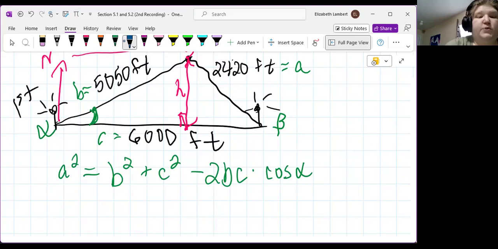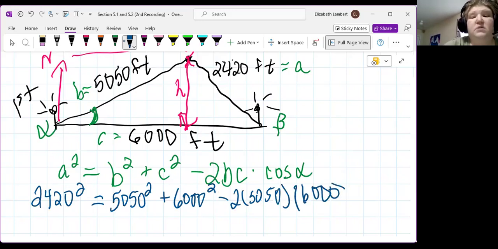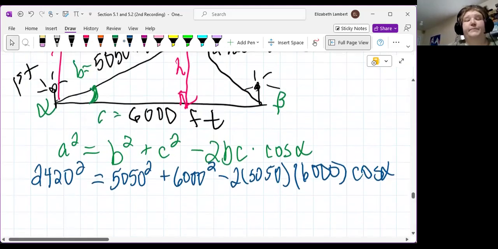Let's fill in numbers we know. A is 2420 squared. B is 5050 squared plus C is 6,000 squared minus 2 times 5050 times 6,000 times our unknown cosine alpha. Good Lord. All right.